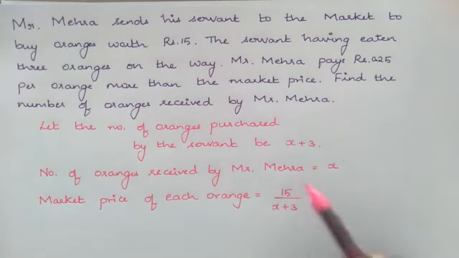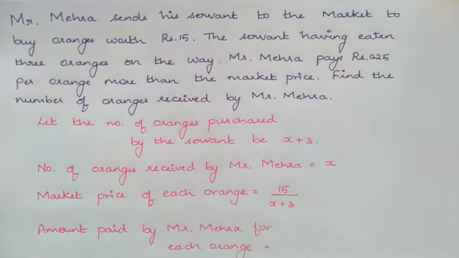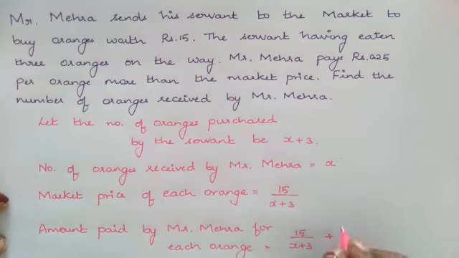So if this is going to be the market price of one orange, in addition to this he is paying 25 paise more for each of the oranges purchased. So the amount paid by Mr. Mehra for each orange will be 15 by x plus 3, that is the actual market price, plus 25 paise more than that, that is 0.25.